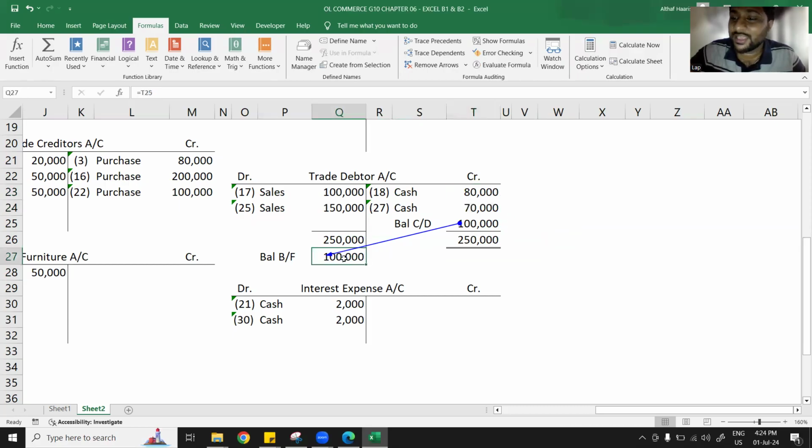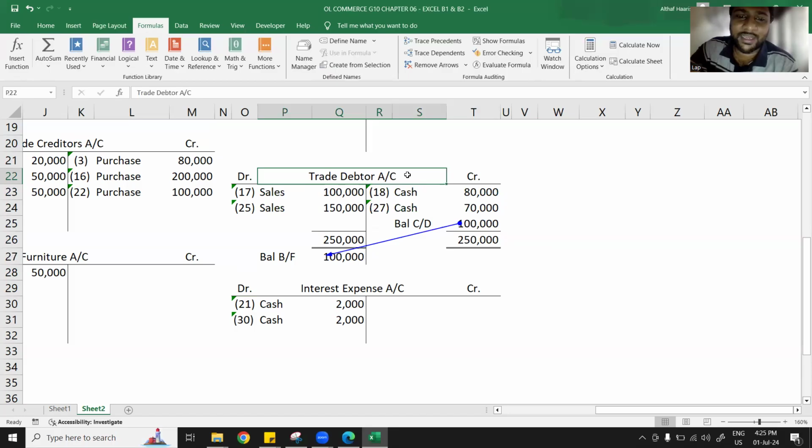You have to receive only another 1 lakh. From the debtors, you had to receive 250. Out of that, you received 150. So at the end of the year, now you have to receive only 1 lakh. End of this year means beginning of next year.